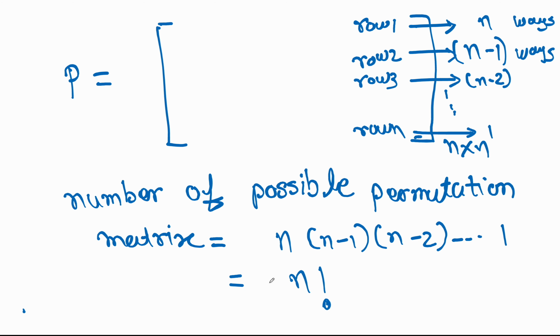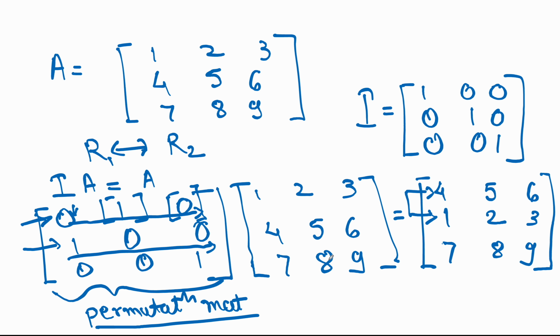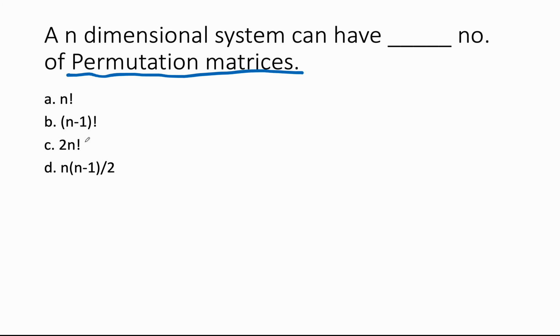So the number of possible permutation matrices is n factorial. So for the n dimensional system we can have n factorial permutation matrices, and this is the correct answer. I hope this question is clear, and why it is n factorial.